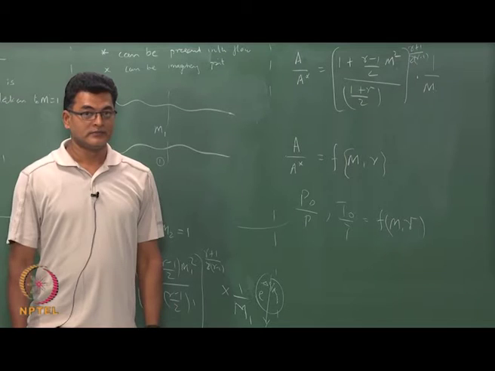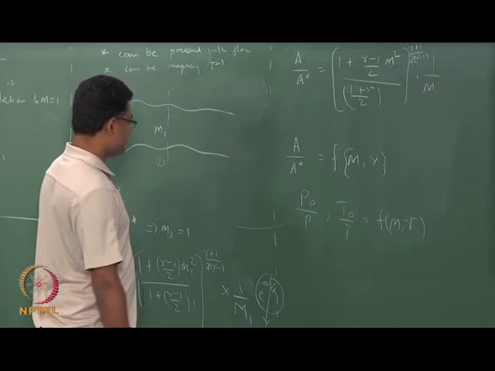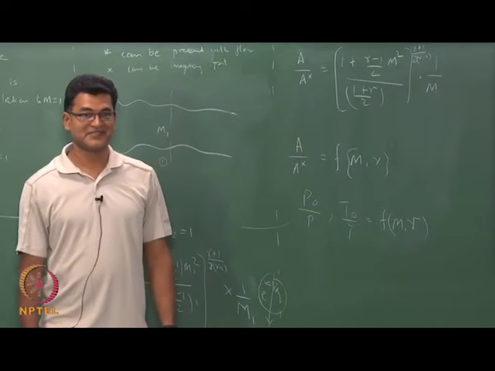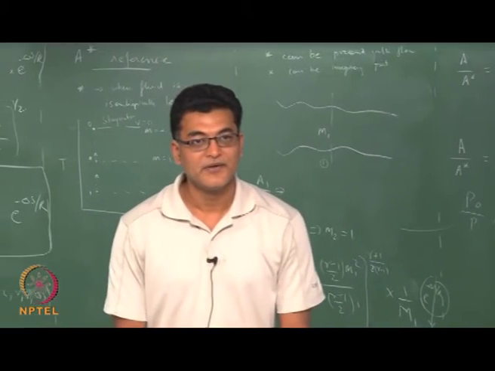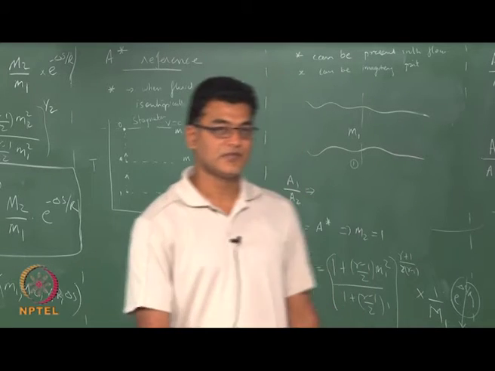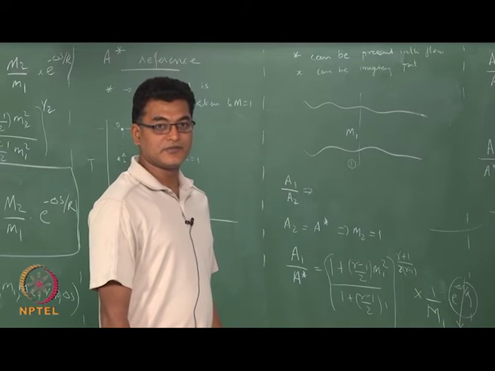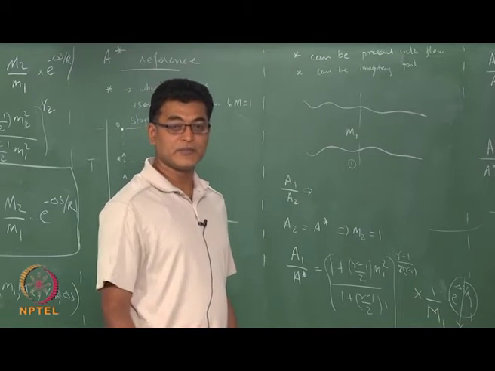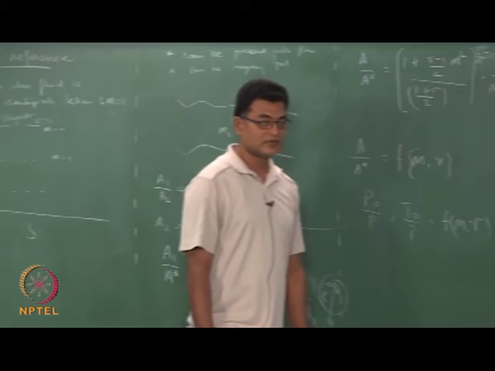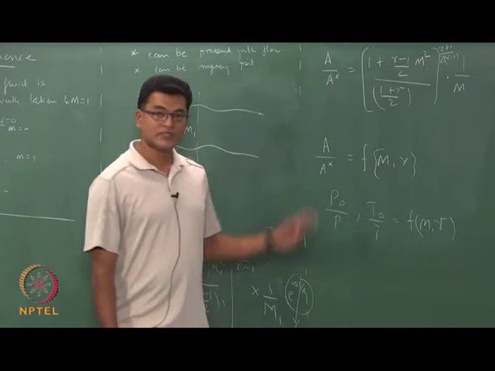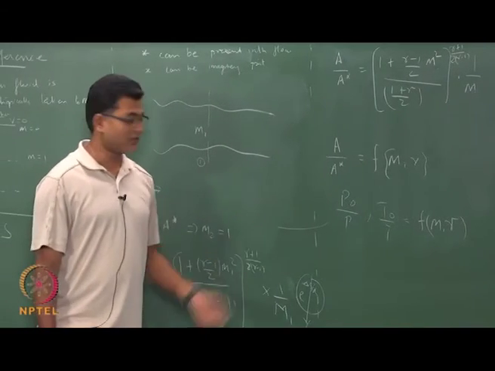It is a quadratic in my M, so it can have 2 values. I did not mean negative values. So, one can be subsonic, one can be supersonic. We will see when we do a problem.